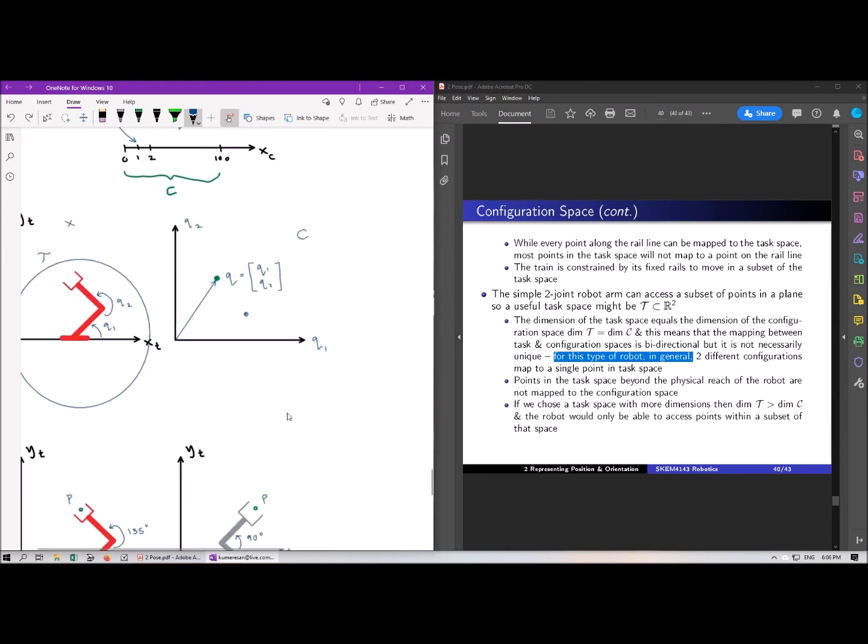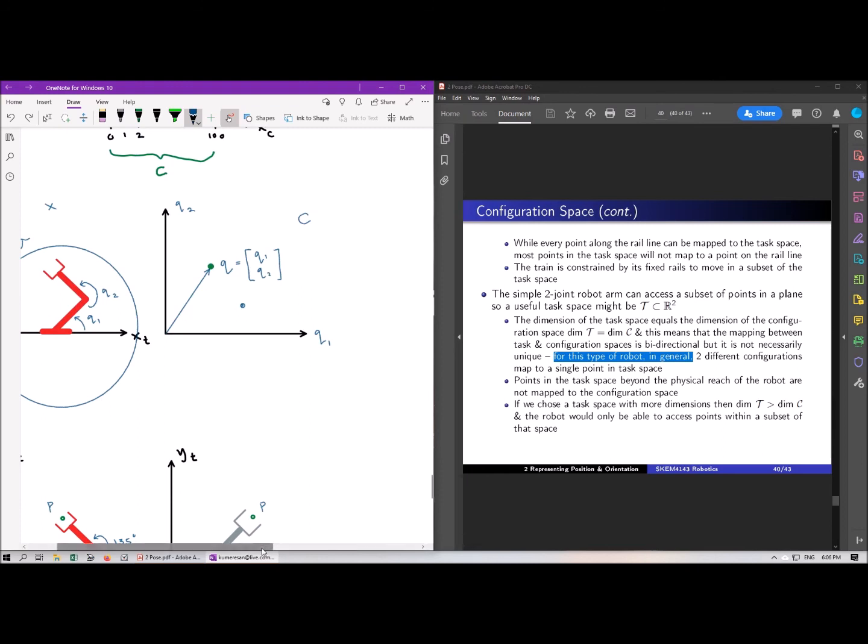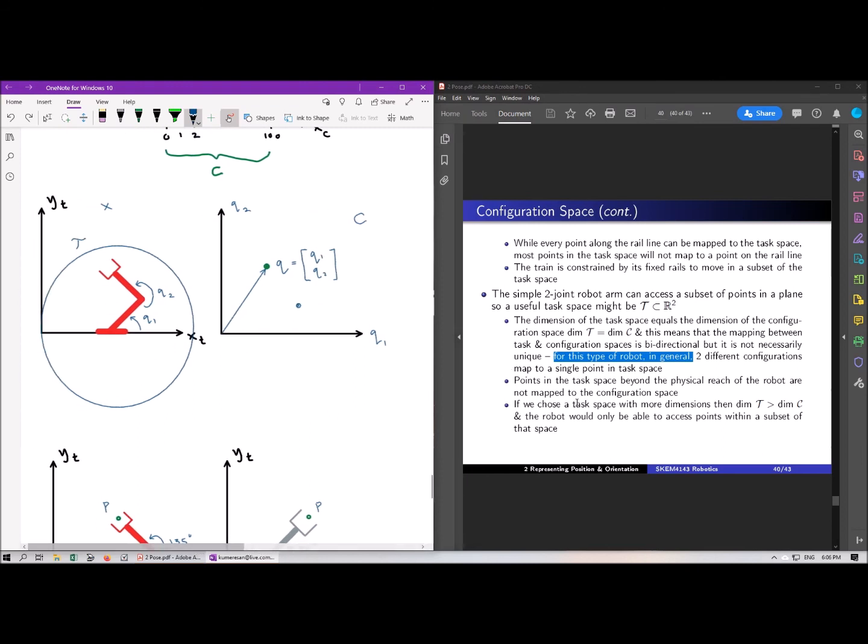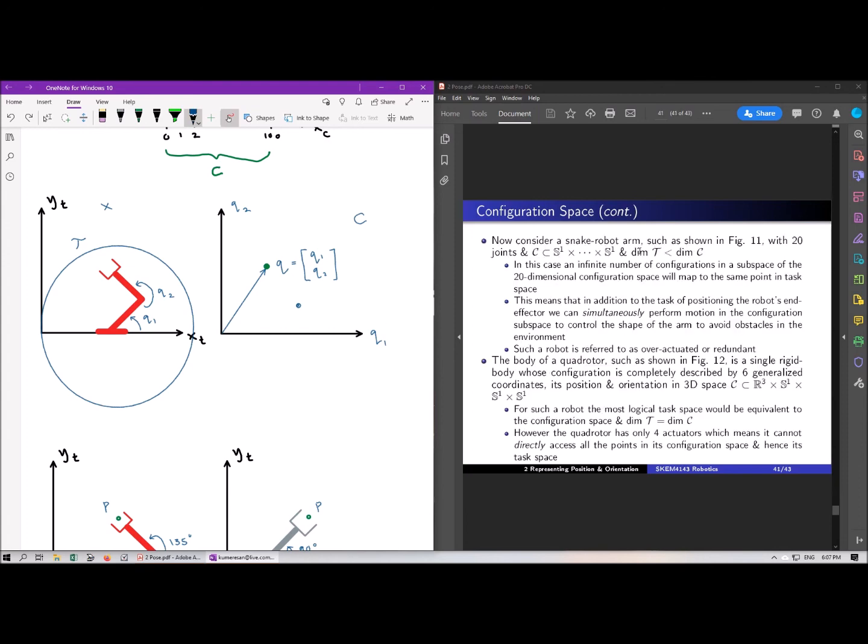And of course, if we choose a task space with more dimensions, let's say a 3-dimensional space, which is greater than the dimension of the configuration space, the robot will only be able to access points within a subset of that space.